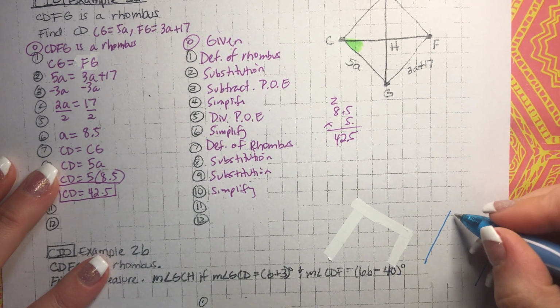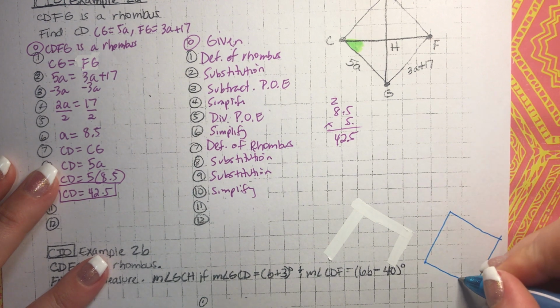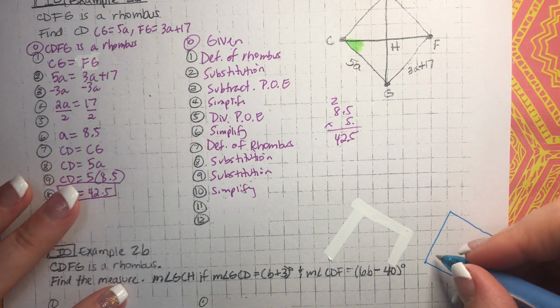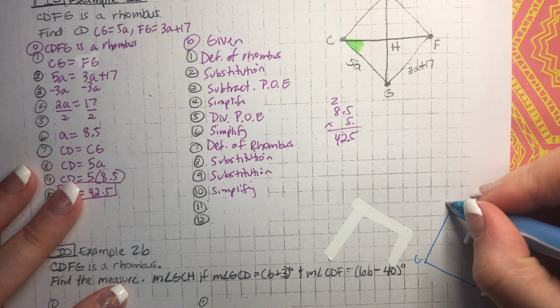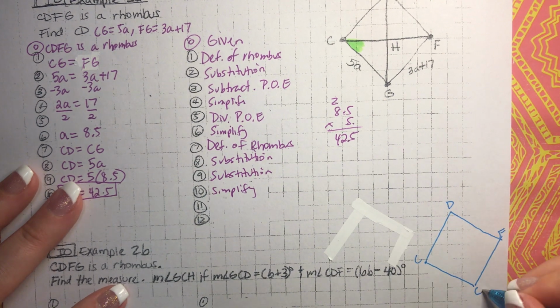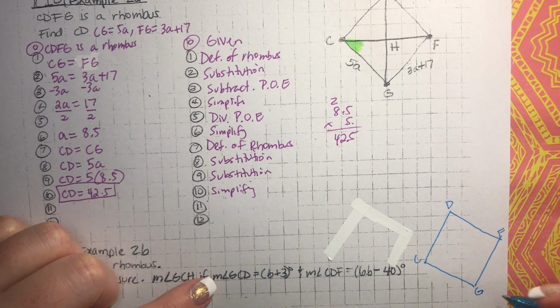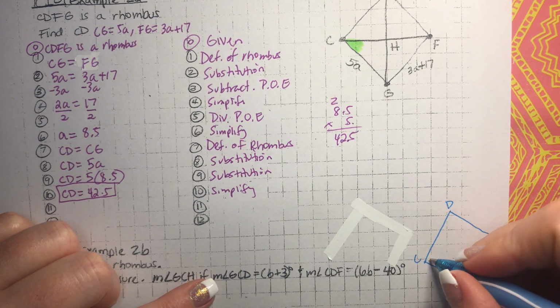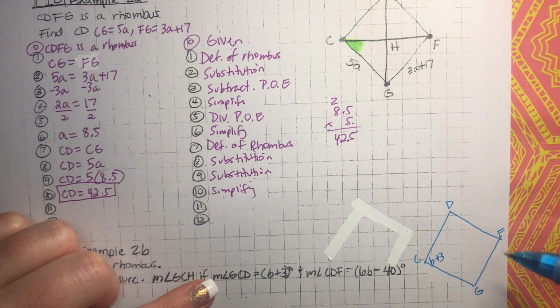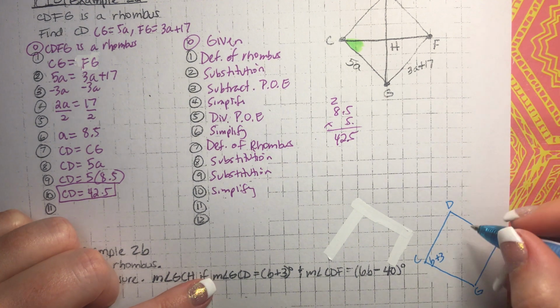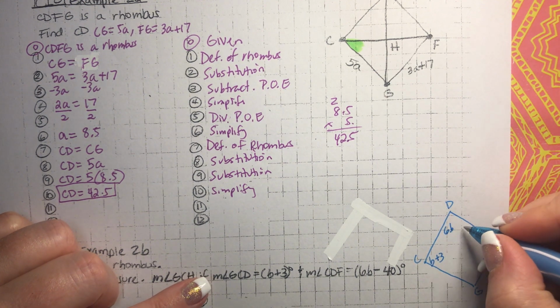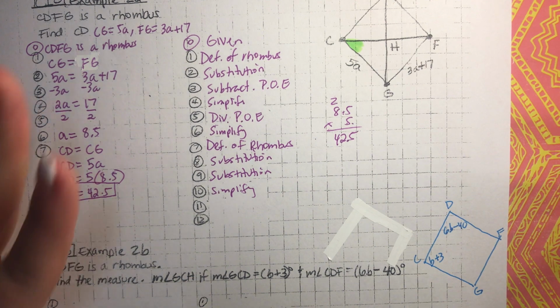So what I'm seeing is that this whole angle, what is this, C, D, F, G? So this is not a G, that is a G. GCD is B plus 3, and CDF is 6B minus 40.